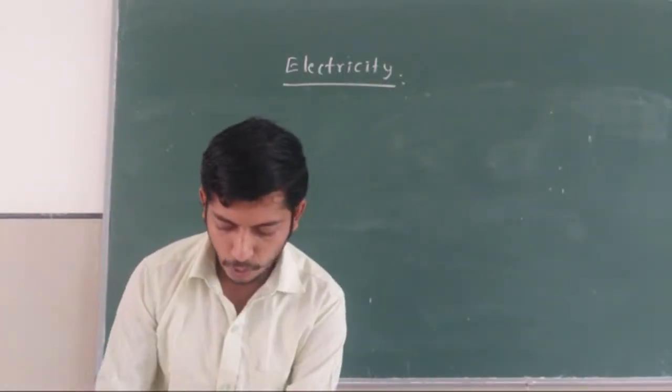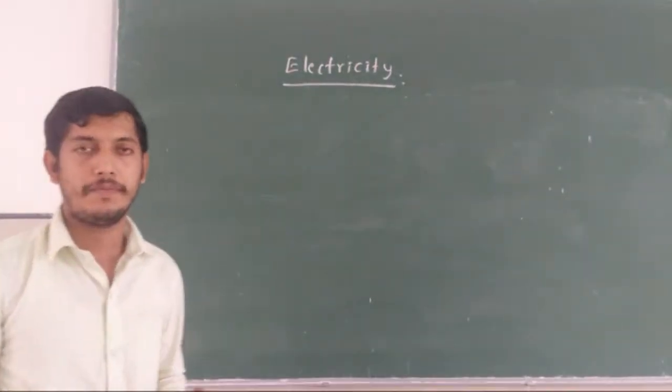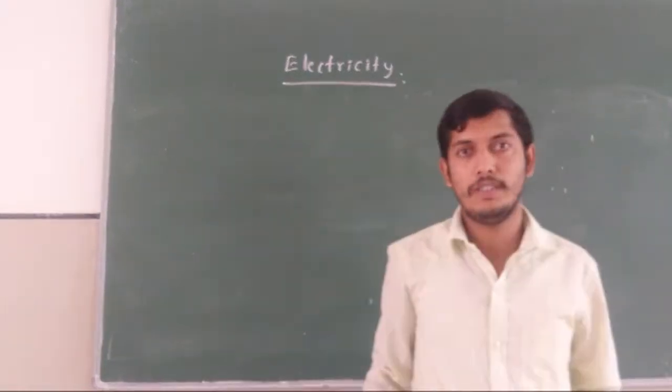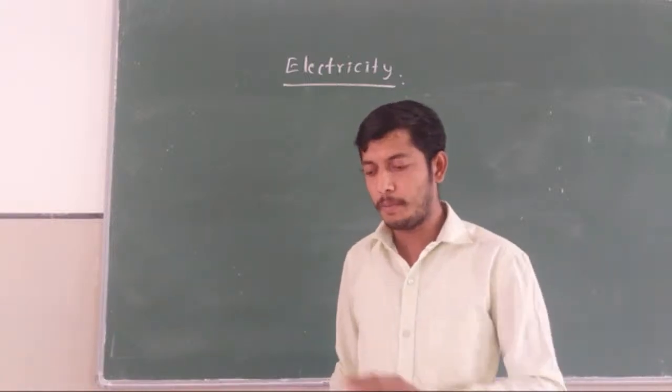Before going to Ohm's law, first we will learn about potential difference. We have potential difference as well as electric potential. We will learn electric potential afterwards. First we learn about potential difference.